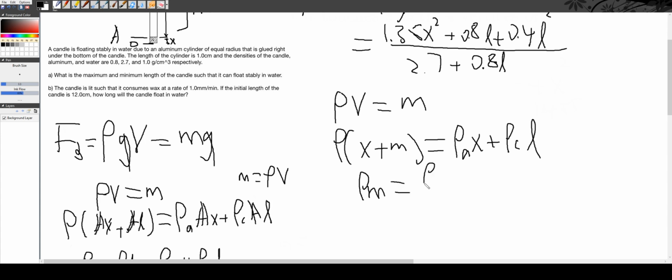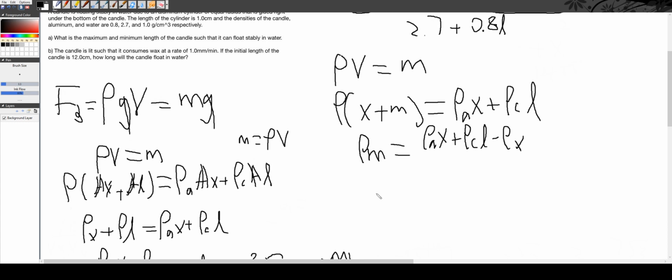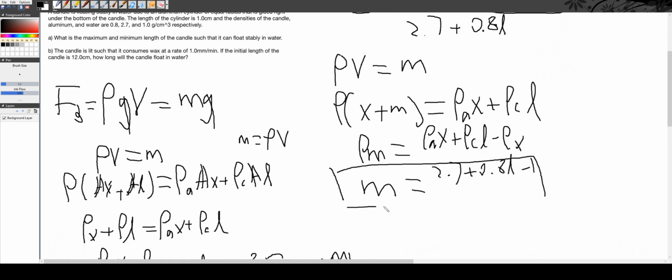It's equal to rho A x plus rho C L minus rho x, right? Now we can just plug in the numbers. We know rho is 1, so just get rid of that. Rho A is 2.7, x is 1, so 2.7. Rho C is 0.8, plus 0.8 L. Rho is 1, x is 1, so minus 1 divided by 1, right? So this is your m. You can write it as 1.7 plus 0.8 L.